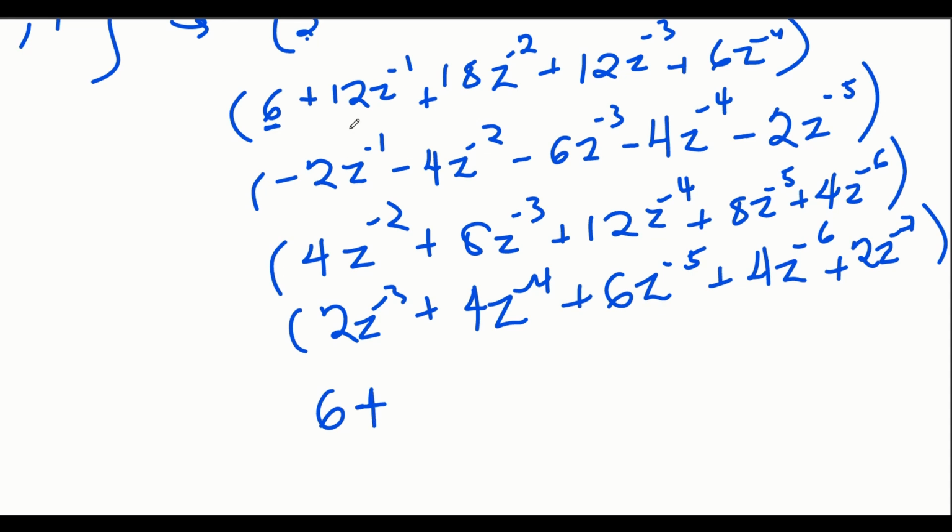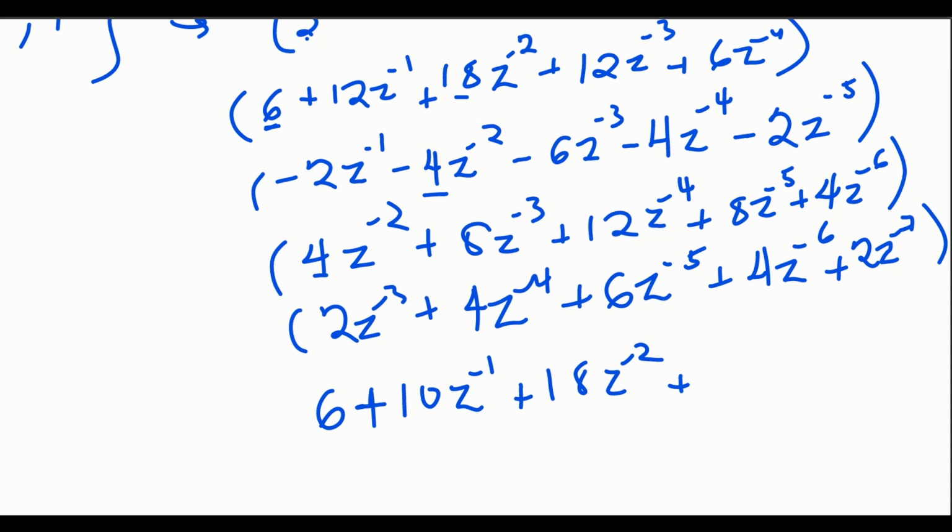So you have 12z^-1 plus minus 2z^-1, and that will give you 10z^-1, plus you have 18z^-2 minus 4z^-2 plus 4z^-2. So that will give you 18, like 18 plus 4 minus 4, that's 18. So 18z^-2.